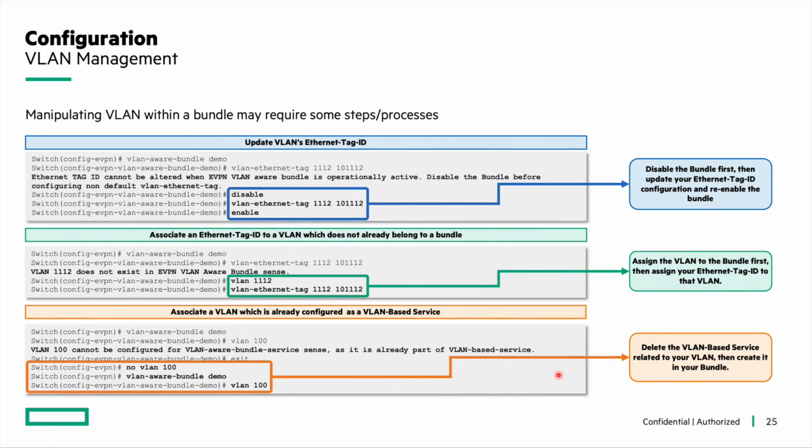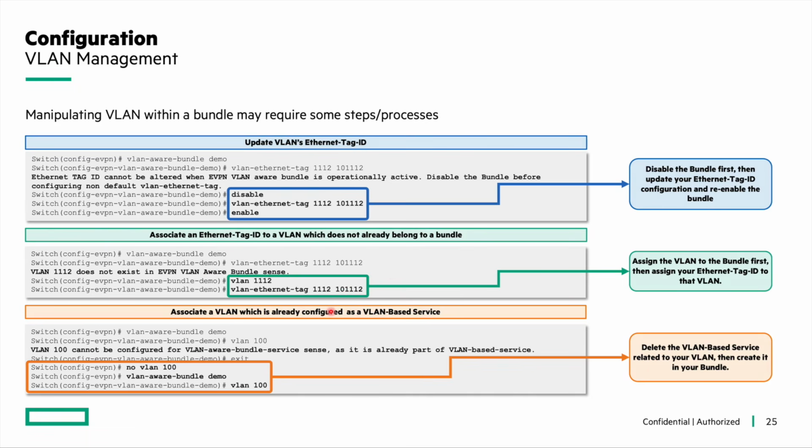The next point is regarding VLAN manipulation. There are three main rules to mention. First, as we already mentioned, if you need to update the tag related to a VLAN, you must disable the bundle first, make the change, and re-enable the bundle. Then, if we need to associate a tag to a VLAN which is not part of the bundle, we first need to assign the VLAN to the bundle.